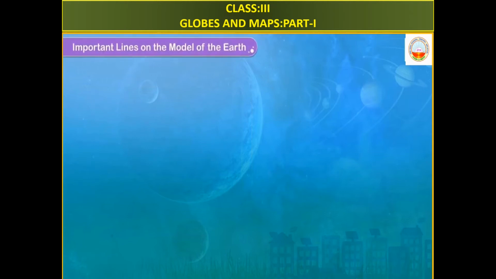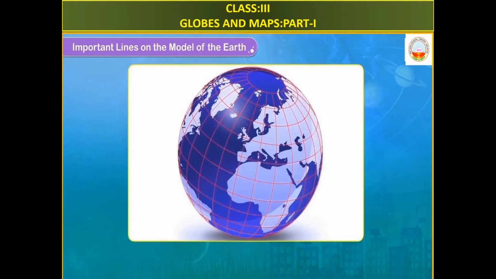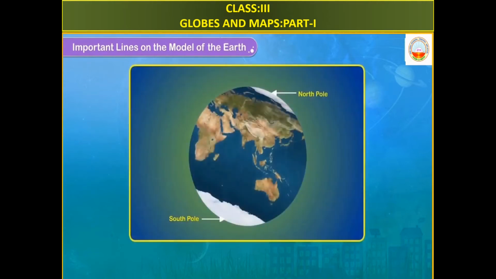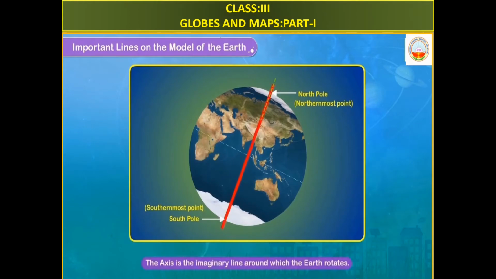Let us learn important lines on the model of the earth. Some imaginary lines have been developed to help us study earth. The poles are the northernmost and southernmost points on the earth. The axis is the imaginary line around which the earth rotates. It passes through the center of the earth, joining both the poles.